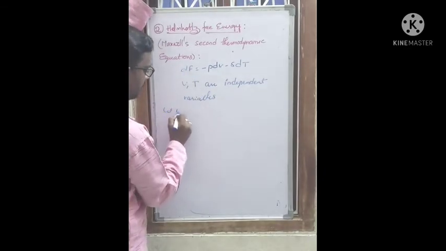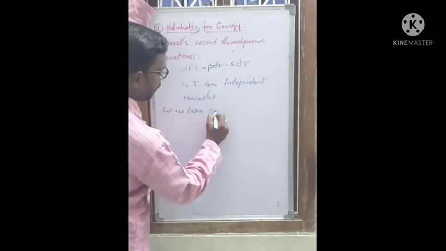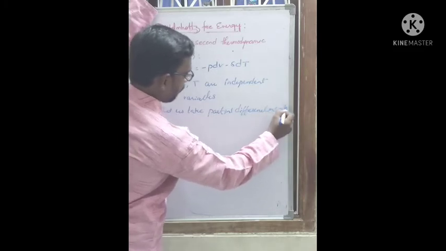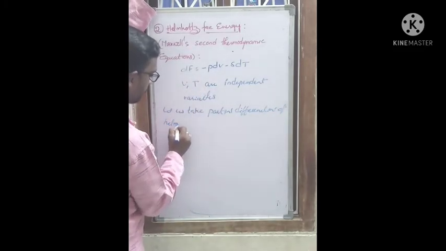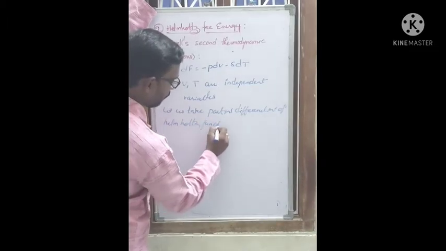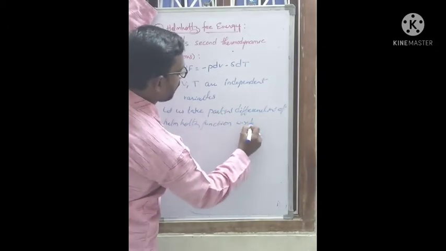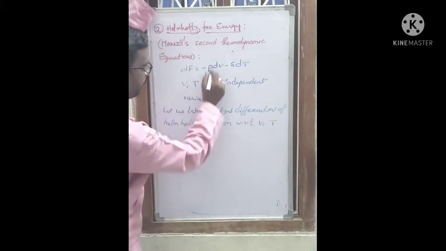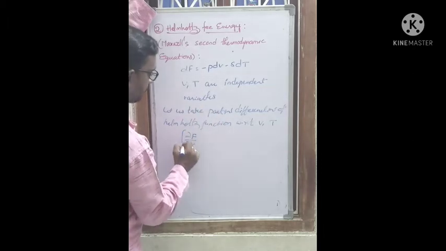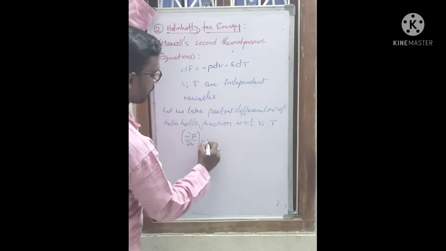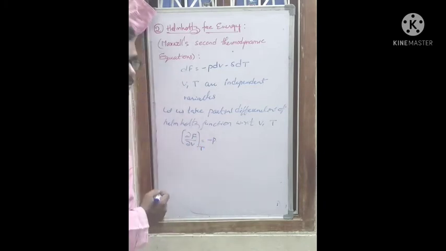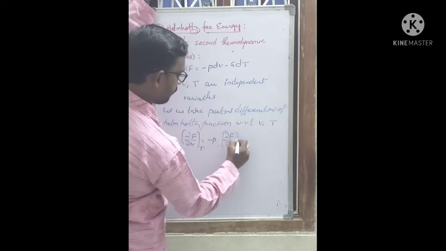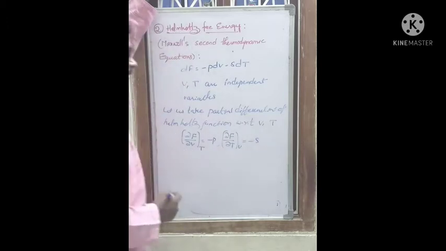Now let us take partial differentials of the Helmholtz function with respect to V and T. Then ∂F by ∂V at constant temperature equals minus P. And similarly ∂F by ∂T at constant volume equals minus S.